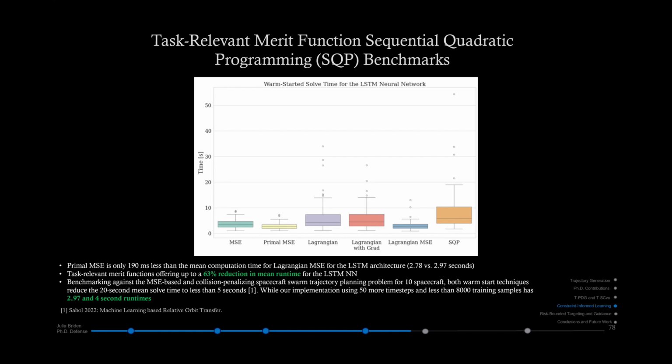And then when benchmarking against the previous work in literature on relative orbit transfer, we're able to show similar gains in terms of runtime reduction, down to 3 or 4 second runtimes. And that's with using fewer samples than they originally used in their work.